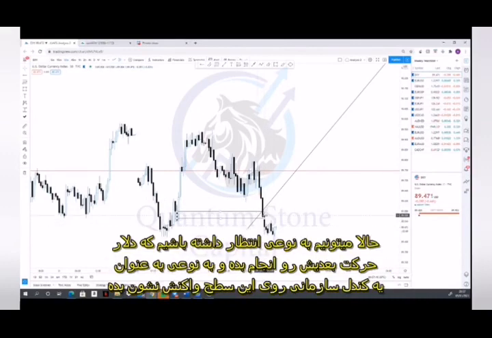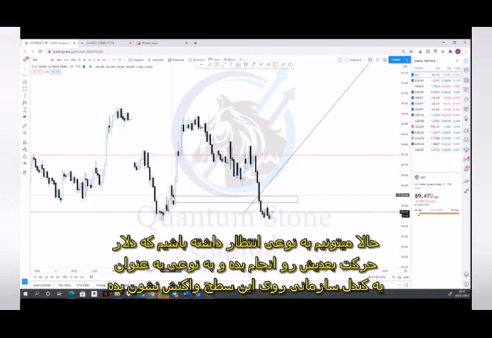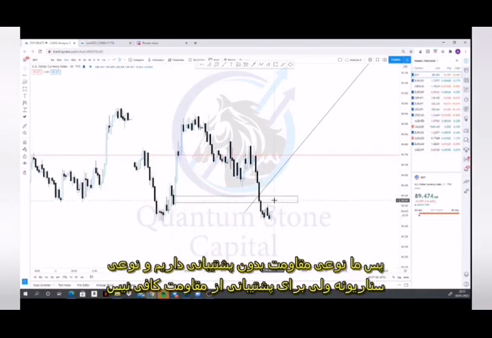Now what we could look for the dollar to do next is to react upon this level as an institutional candle. We have a support and resistance type scenario, but it's nothing like support and resistance.